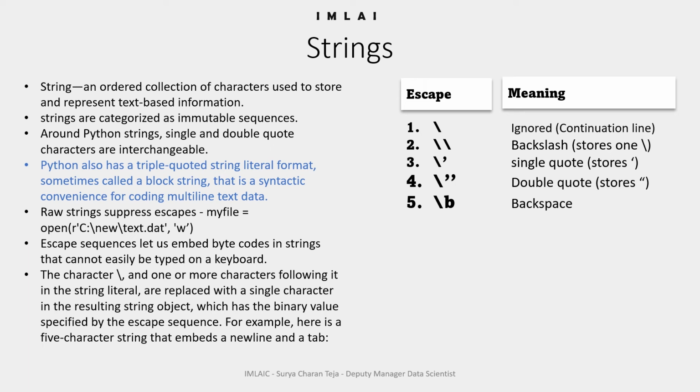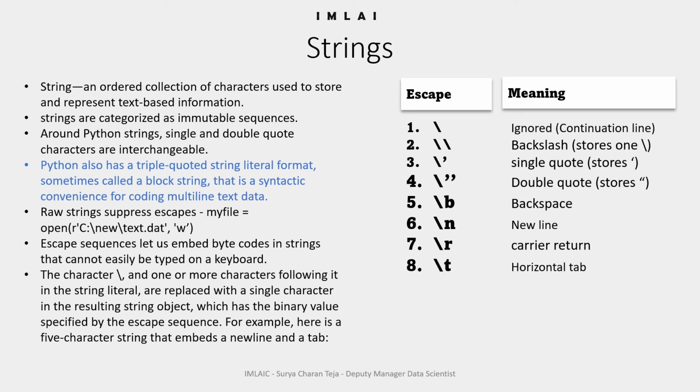Backslash followed by b will give a backspace at the respective place, and backslash followed by n will make a new line at the respective location. Backslash r will give you a carriage return. If you have a sentence with two words inside a string, it will return the carriage to the start.